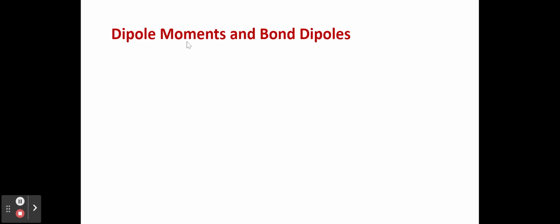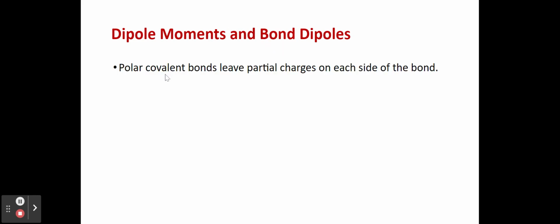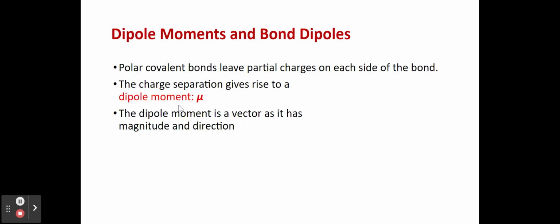Last, we need to talk about dipole moments and bond dipoles. So as a review, when we talk about polar covalent bonds, we're talking about an uneven sharing of electrons between two atoms. That leaves partial charges on each side of the bond. The charge separation gives us what we call a dipole moment.